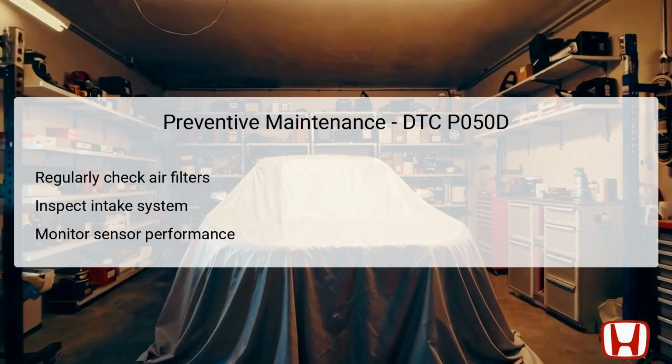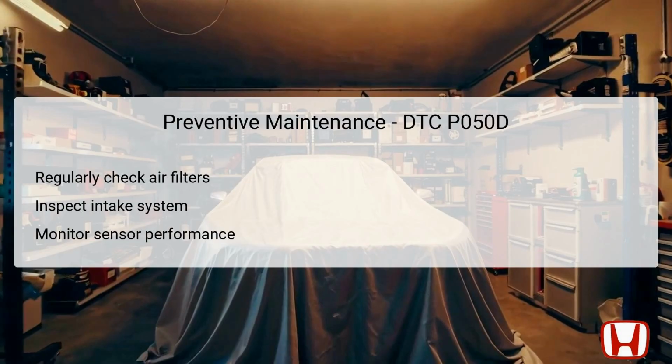To prevent the reoccurrence of DTC P050D, proactive and regular maintenance is essential. Begin by routinely checking and replacing air filters to ensure optimal airflow and engine performance. It's also crucial to inspect the entire intake system, including air ducts, to ensure there are no blockages or leaks that can affect air intake.